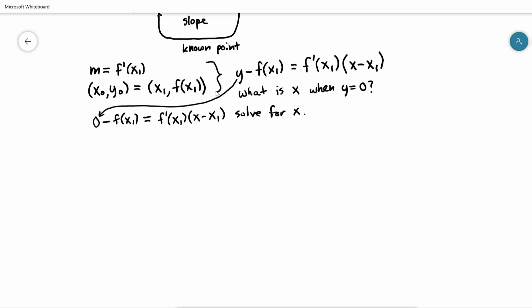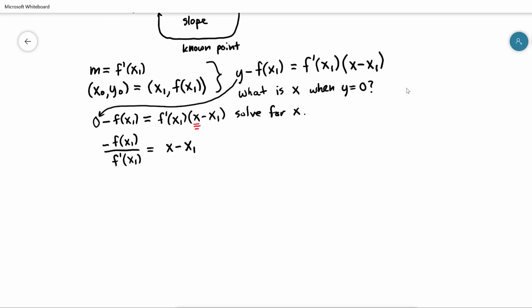Okay, so how do we solve for this? Right now our x minus x1 is being multiplied by the slope, the f prime of x1. So I want to undo that multiplication by doing division. Divide both sides, and we will get on this side negative f of x1 divided by f prime of x1 is equal to x minus x1.